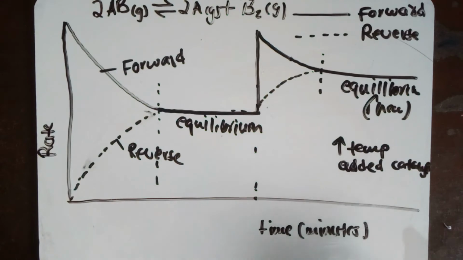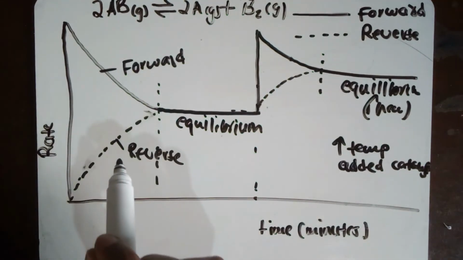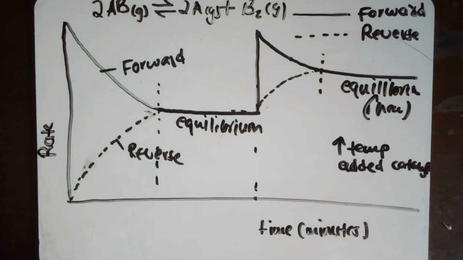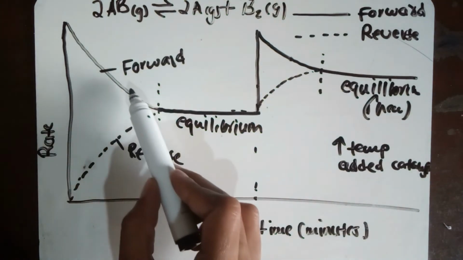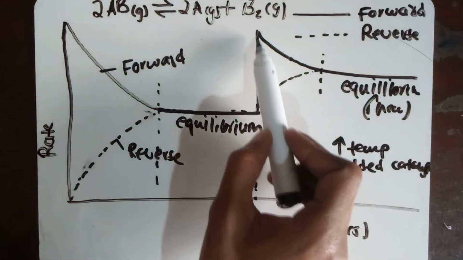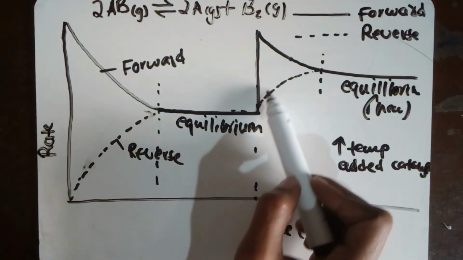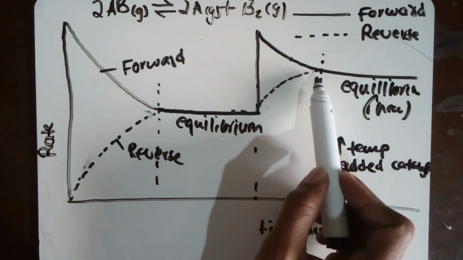Because if we increase the pressure or the concentration, only one reaction is normally favored. So just remember that from the previous lesson. However, we can note another thing. The forward reaction here is increased more than the reverse reaction. It increased very much in comparison to the reverse reaction, right?